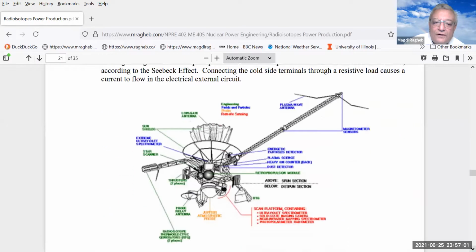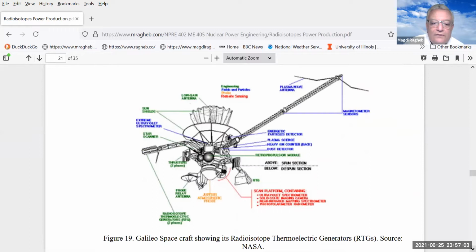And other space probes, the Galileo spacecraft, has been sent all the way out of our solar system. And you could see here a radioisotope thermoelectric generator hanging on a boom. It is kept away from the electronic equipment because the gamma radiation, as we'll see when we study the effects of gamma radiation, would affect the electronics in general.